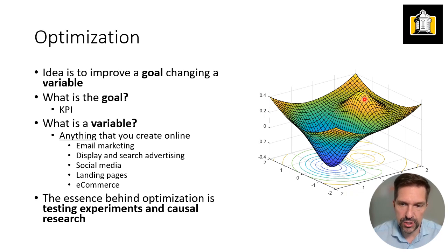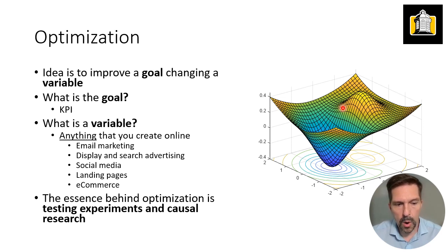And as you change those, you're going to get a lower conversion rate or a higher conversion rate. So optimizing a system is trying to essentially climb this mountain until you get to the highest point in the relationship between your design variables and, in this case, conversion.